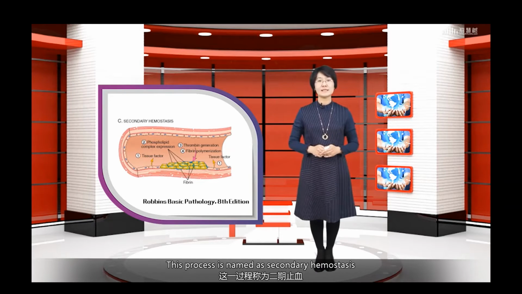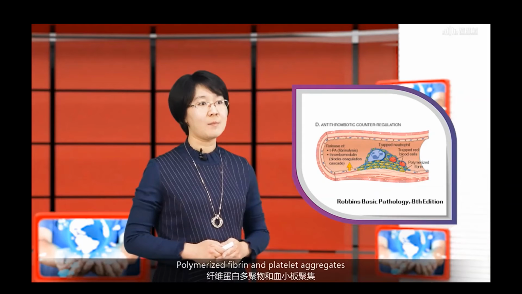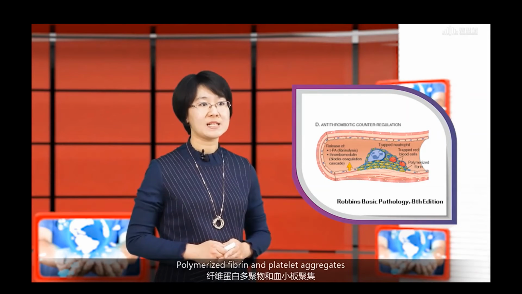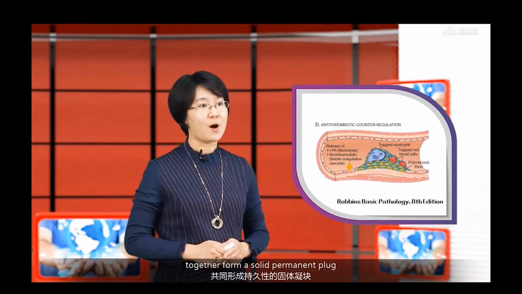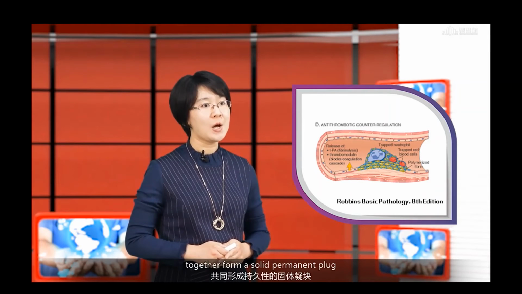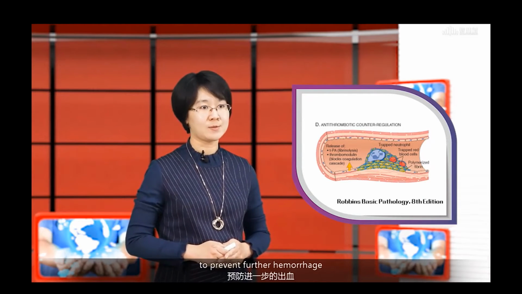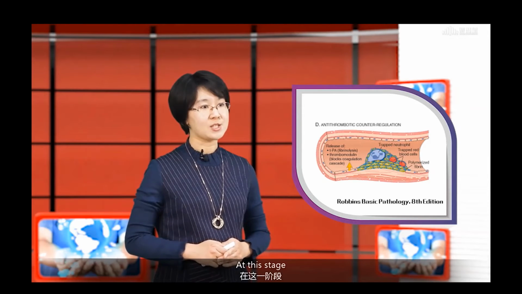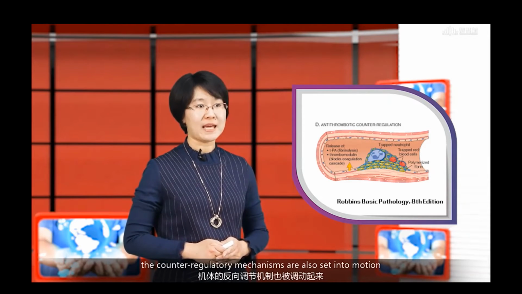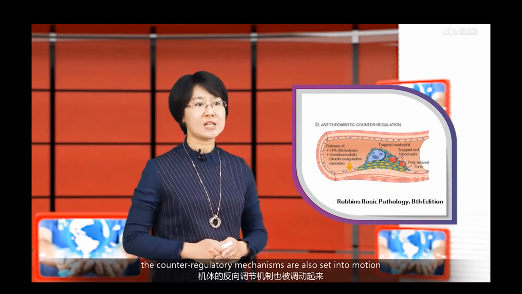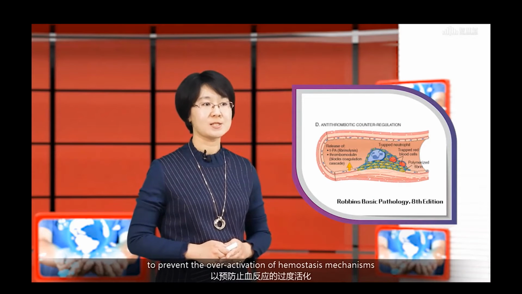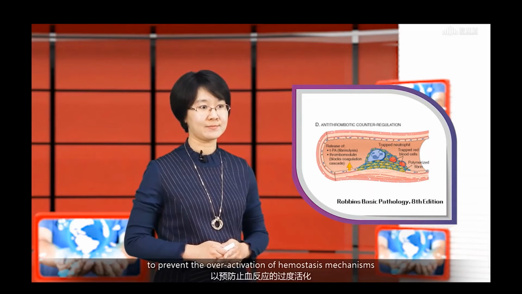This process is named secondary hemostasis. Polymerized fibrin and platelet aggregates together form a solid permanent plaque to prevent further hemorrhage. At this stage, the counterregulatory mechanisms are also set into motion to prevent the overactivation of hemostasis mechanisms.